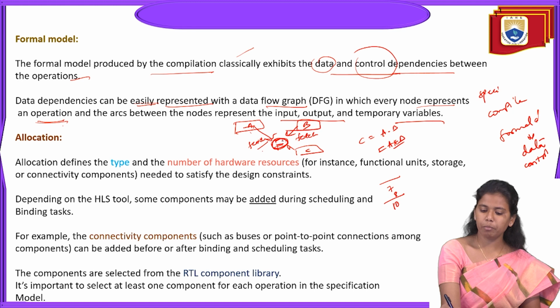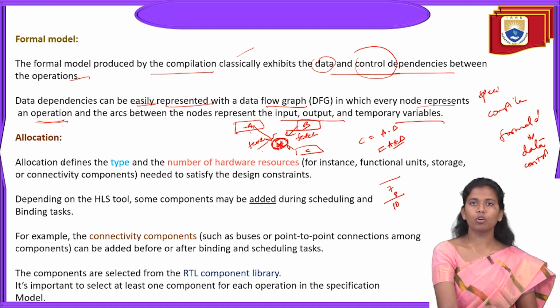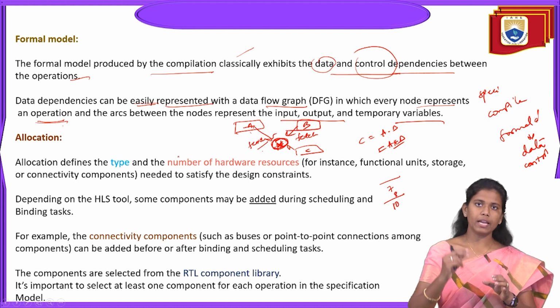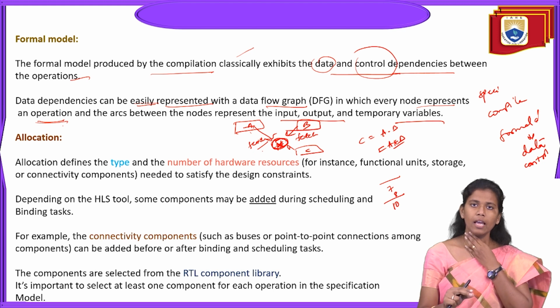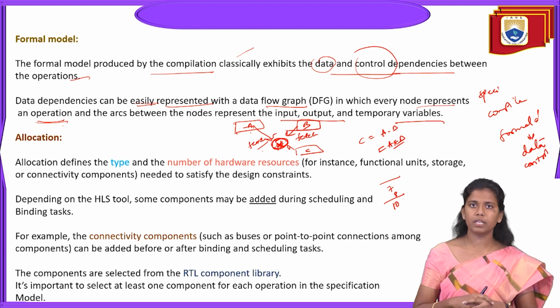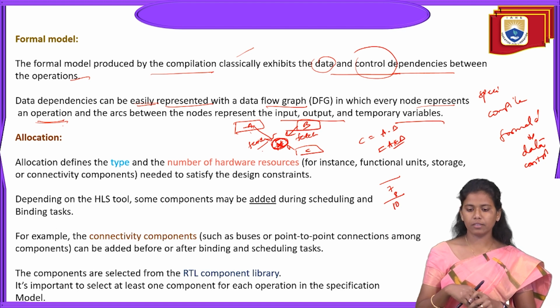If it's a multiplier, I have to represent it with multiplying. So the data flow graph easily helps us represent how the data is flowing between the allocated data, with each node representing the operations or the operands.